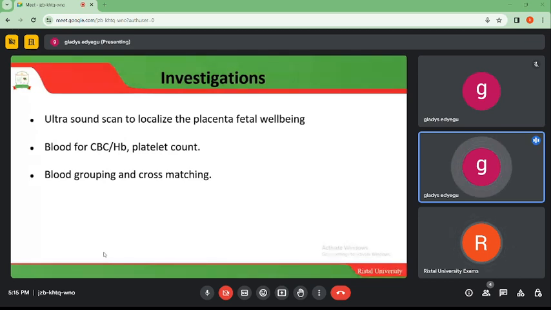So these investigations are very vital and very key. So we need to do these lab investigations to guide us in the management of this.